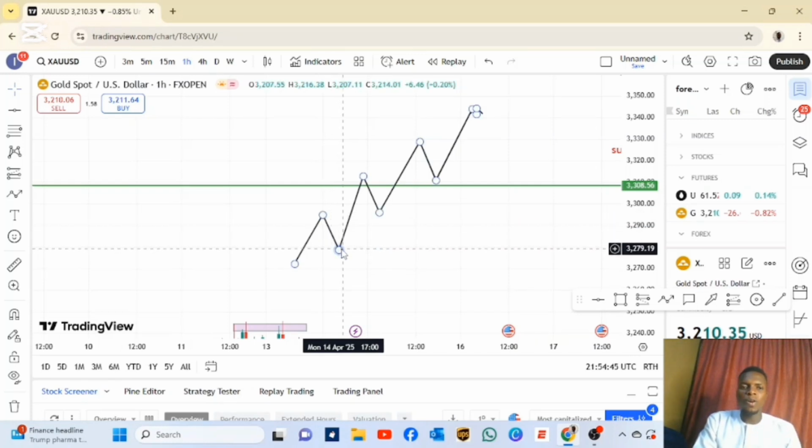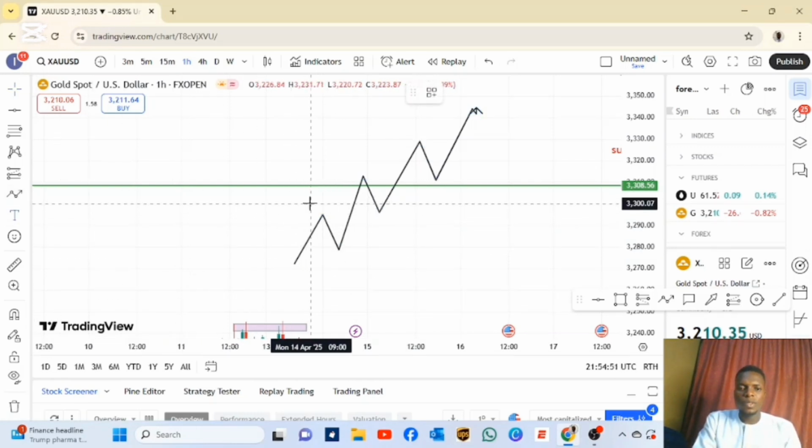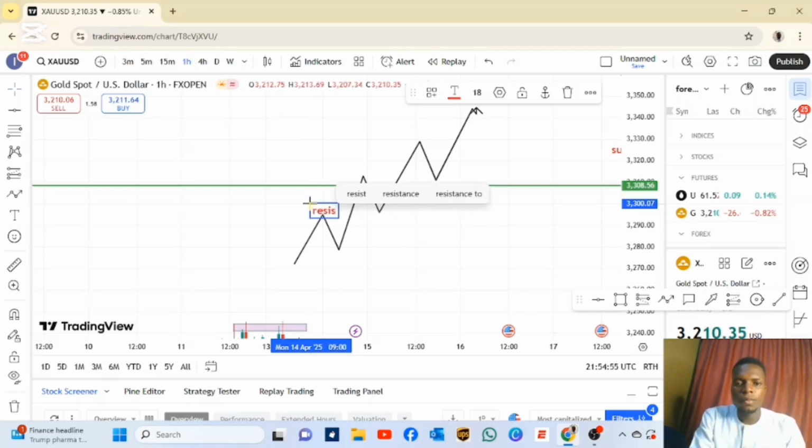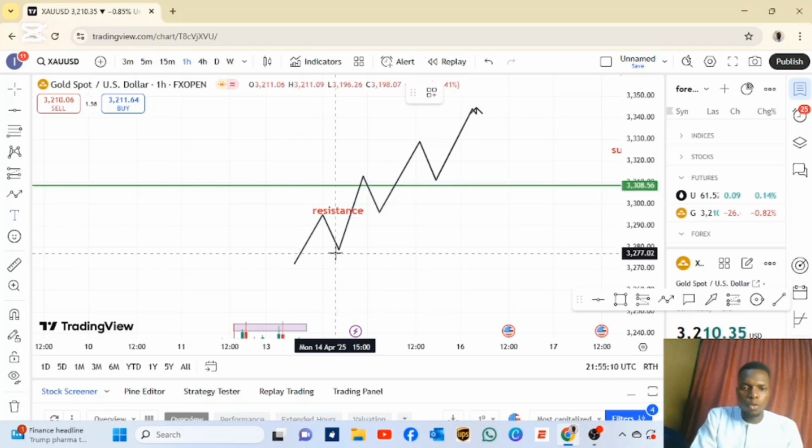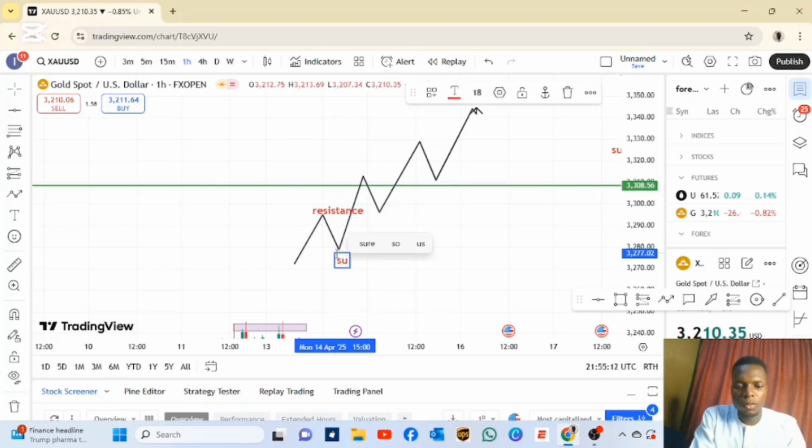They can also be called a resistance level. We have a resistance level, resistance, support, right?